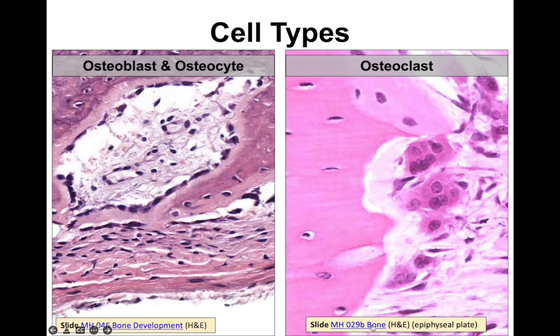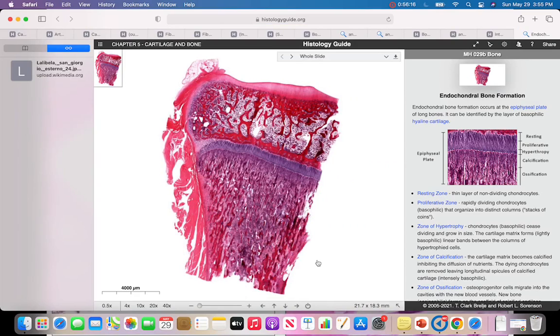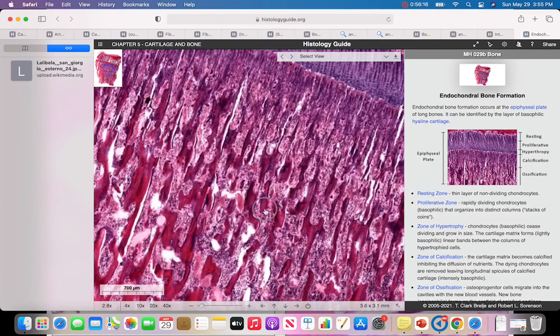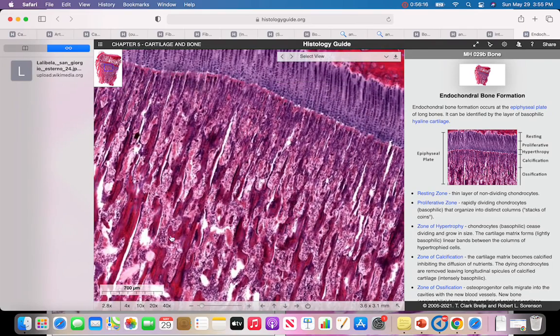So let's see osteoclasts in a section. This is a section of a long bone. And in this area of the long bone, below the epiphyseal plate, there is higher bone remodeling. So osteoclasts are mainly found in this area.